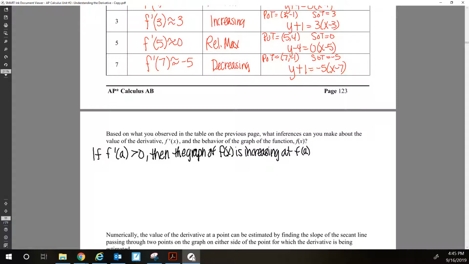What did we see when the derivative was negative? So when our derivative was negative, then the graph of f of x is decreasing at f of A.